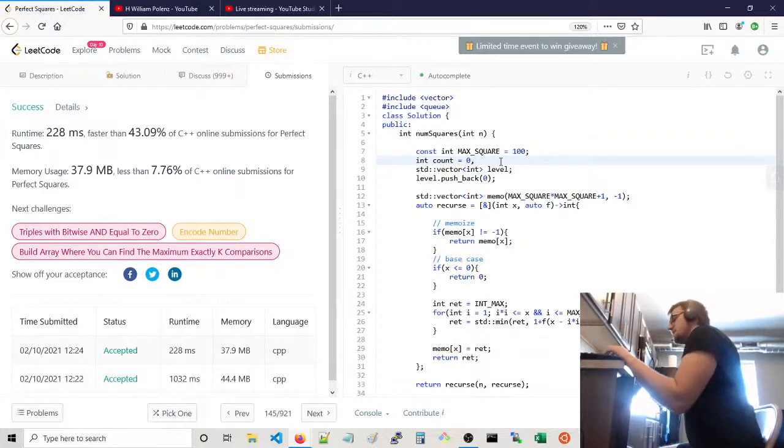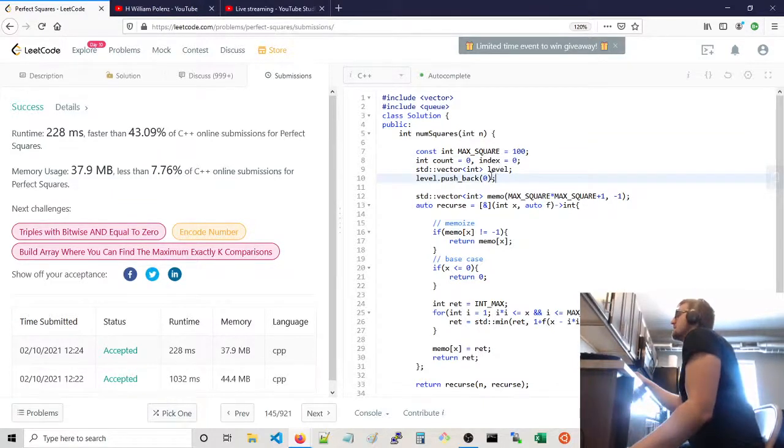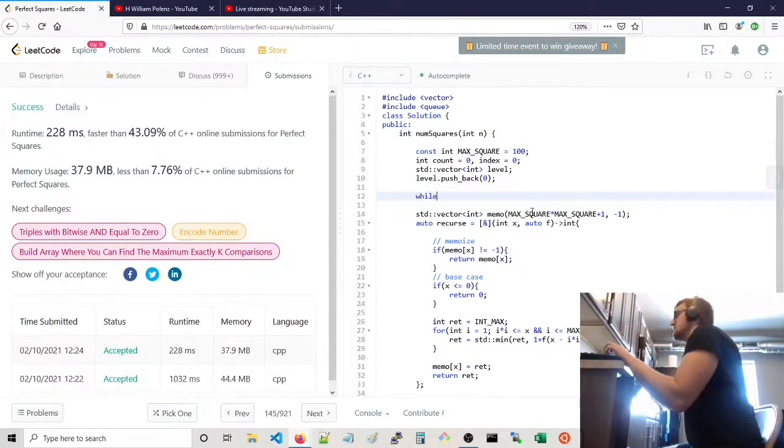Say stage, or index 0, push back 0, right? Yeah, I'll explain what's going on here. And we'll say while level dot empty, or better yet, let's do it this way.